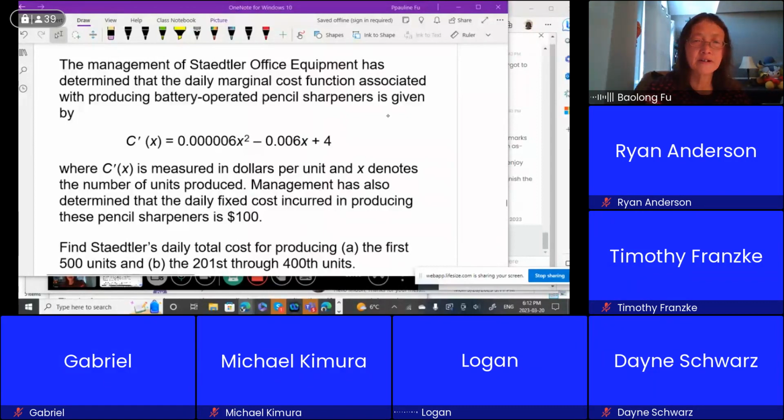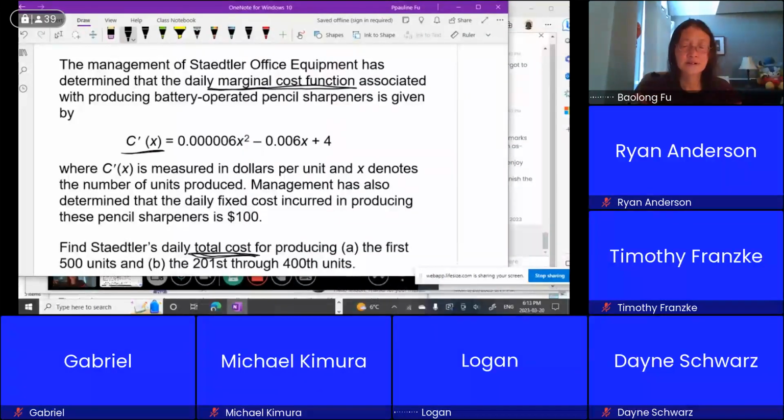So this is a marginal cost function, C prime(x). The given function is marginal cost, and the question asks you for total cost.